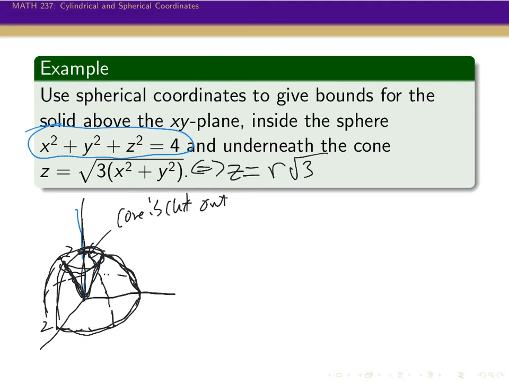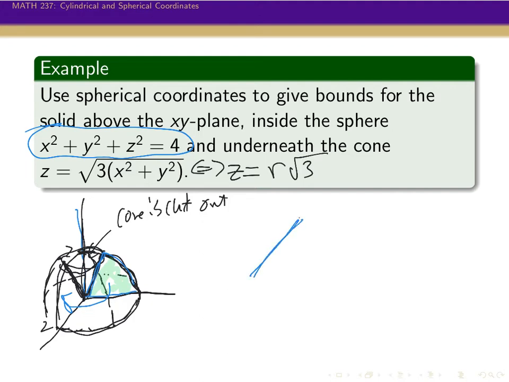And so let's focus in on one cross section. Focus in on this one cross section right there. That one slice right there. And because this slice is being swung around the z-axis to give us our shape.